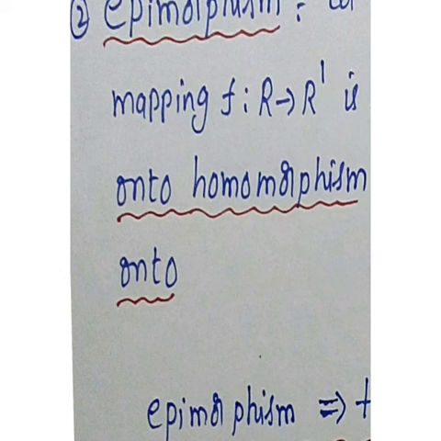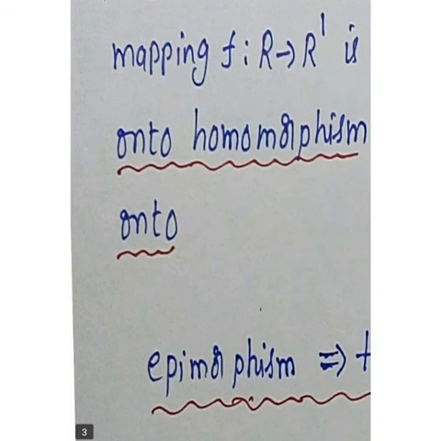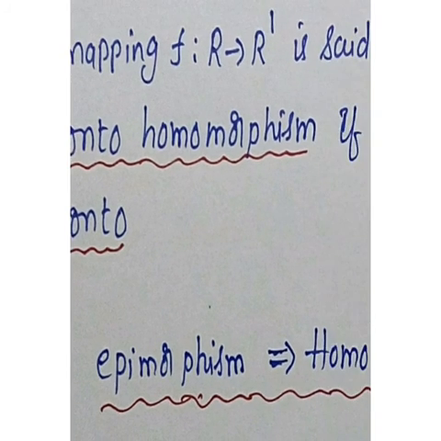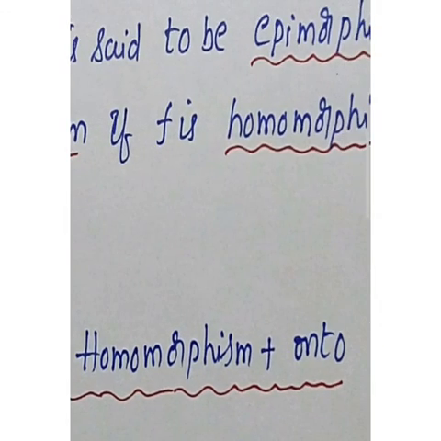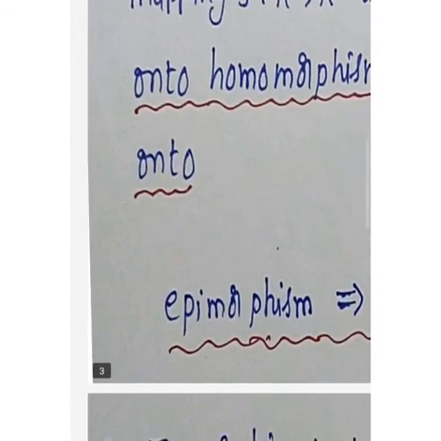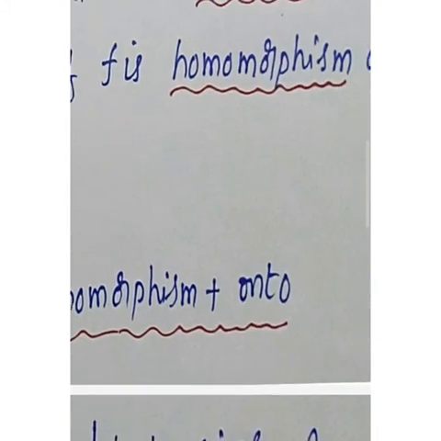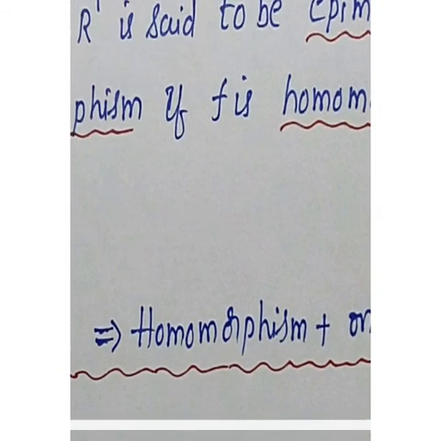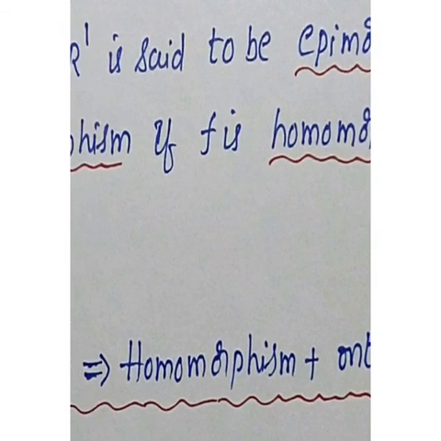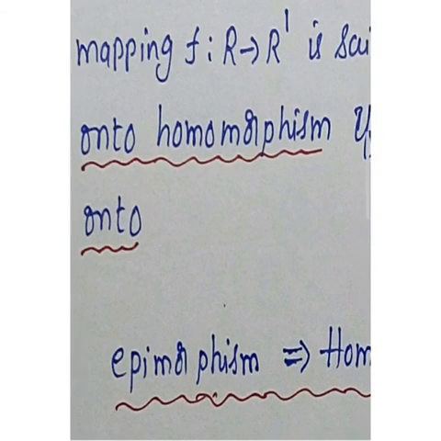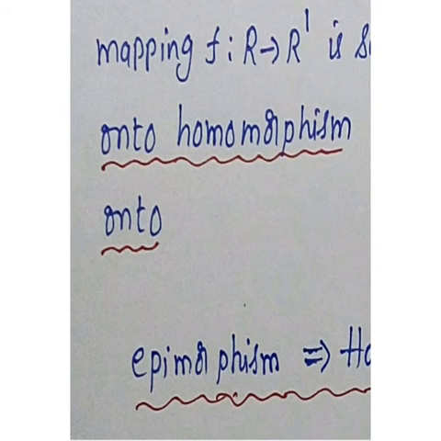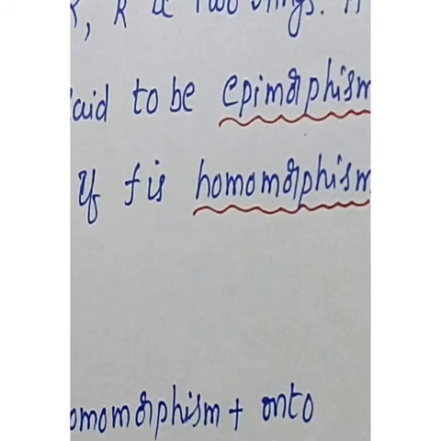Because epimorphism is linked with onto, epimorphism is nothing but homomorphism plus onto. And epimorphism is also called onto homomorphism, because it is homomorphism plus onto. So that's why it is called onto homomorphism or epimorphism.